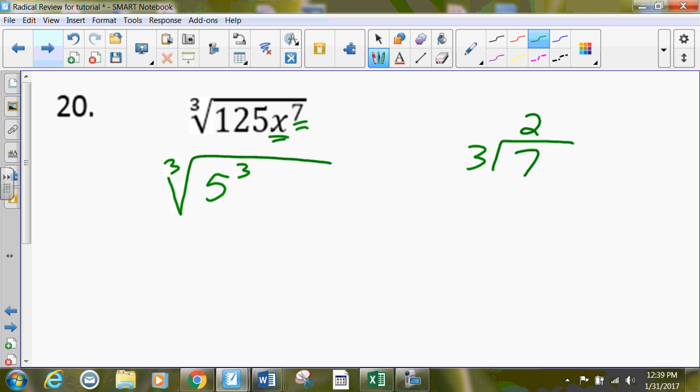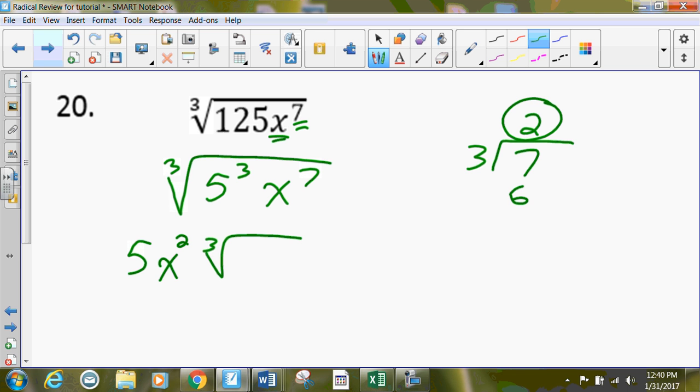We're going to pull out the 5, of course, and this 2 means x squared gets to come out. Then we see what our remainder is. 2 times 3 is 6, and our remainder is 1. One of the x's has to stay in.